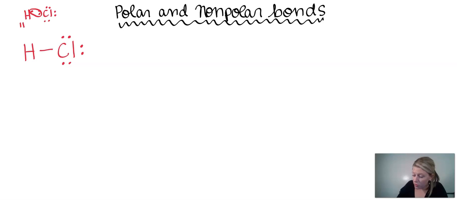Hydrogen forms one bond, chlorine forms one bond. That makes it really nice and easy. They attach, they share. Hydrogen is one of our exceptions, so it requires only two valence electrons. Chlorine has the one bond, and it had three lone pairs to start and three lone pairs now to end, and therefore both are fulfilling the octet rule.